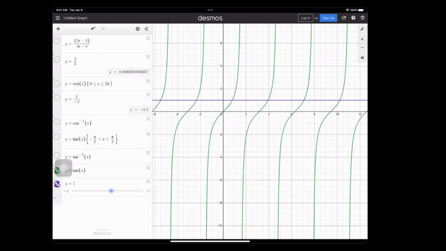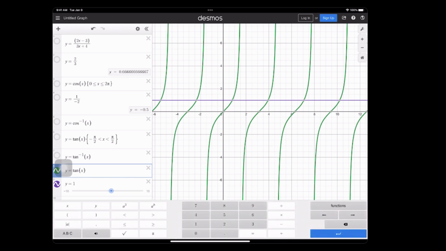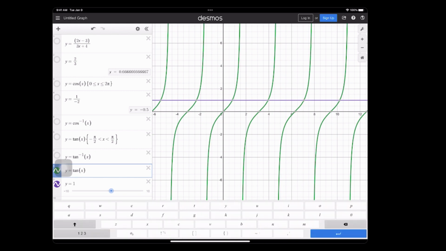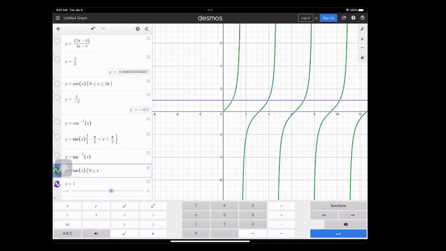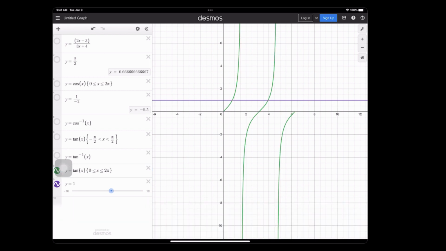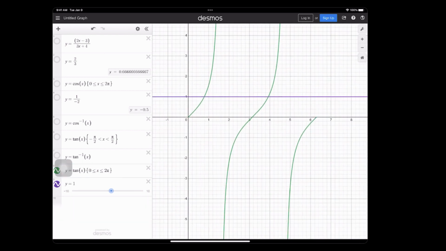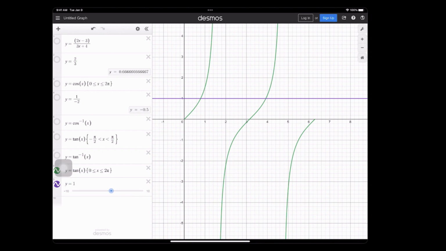You cross there at infinitely many places, but this is why we restrict the domain for tangent. We restrict it in such a way that it goes through quadrants 1, 2, 3, and 4 from 0 to 2 pi. Okay? So here's tangent restricted from 0 to 2 pi.